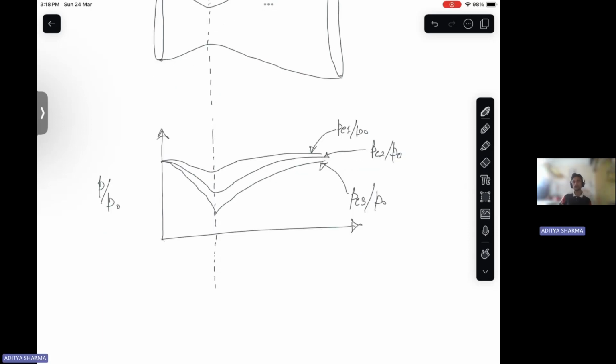So let's say we have three exit pressures at the exit of this nozzle.